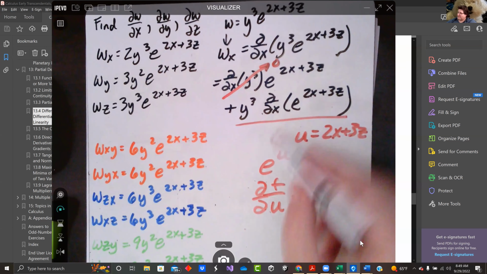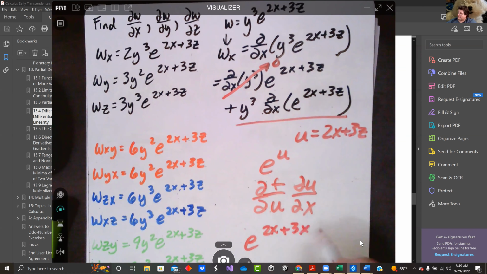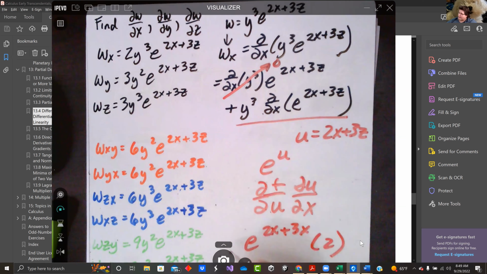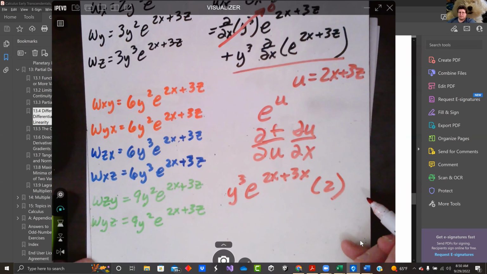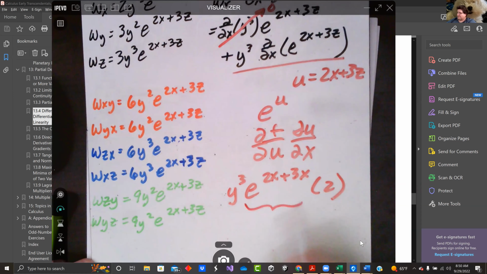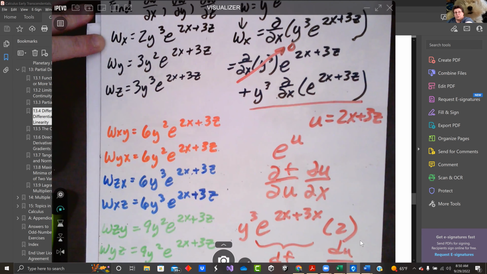So the derivative of this is just itself. Then du/dx is the 2, and I still have the y cubed out front. So here's df/du, here's du/dx, and here's the y cubed. Then I rearrange and put the 2 in front, and that's how it came with this: 2y cubed e to the 2x plus 3z.